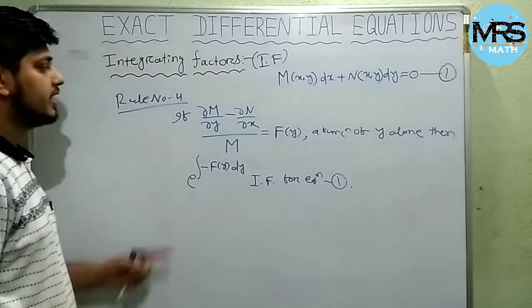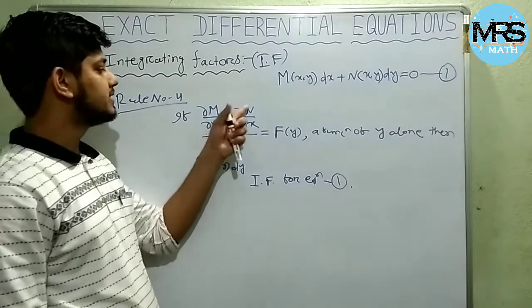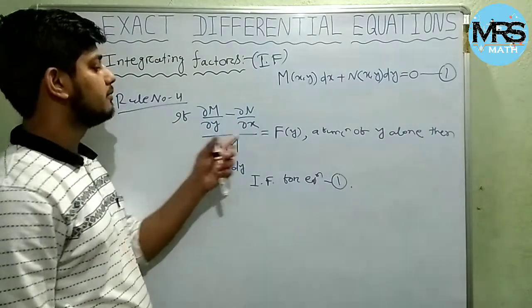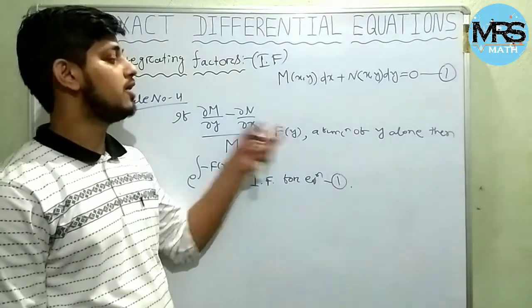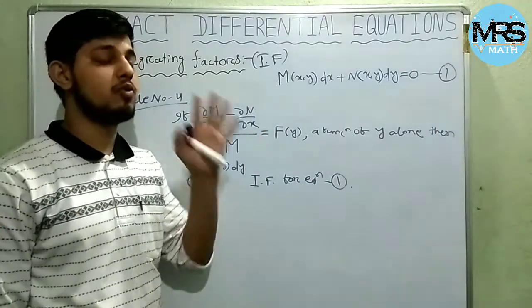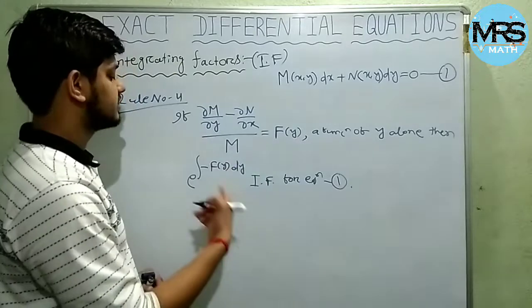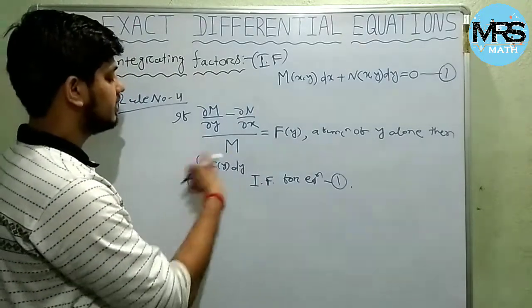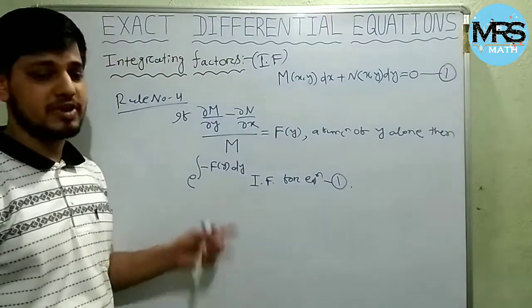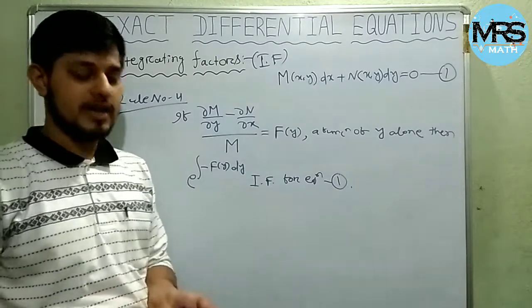Okay students, if (del m by del y minus del n by del x) by m is a function of y alone, in that case our integrating factor will be this one.